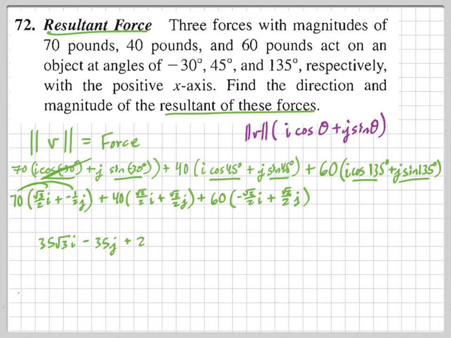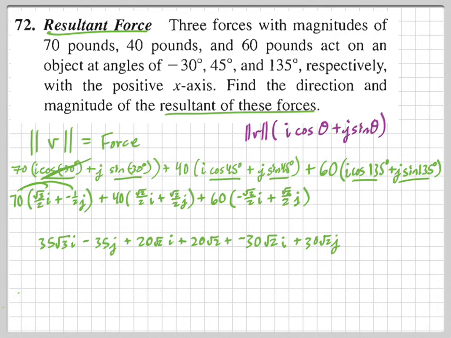Next one, I'm going to get a 20 rad 2 i. That's supposed to be rad 2, not rad 3. And then the last one, I'm going to get a negative 30 rad 2 i plus a 30 rad 2 j.